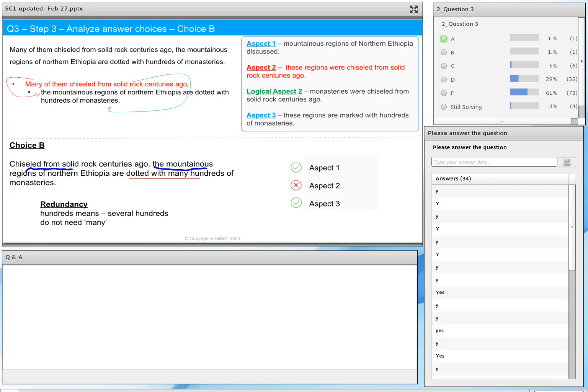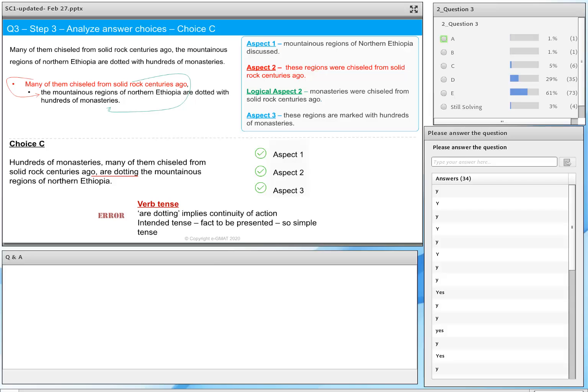Added to that is the error of redundancy. Why? Because this sentence is also saying that Ethiopia are dotted with many hundreds of monasteries. When we say hundreds of monasteries, we already know that we are talking about numerous units. We don't need to add many over there. So that's the problem with choice B.